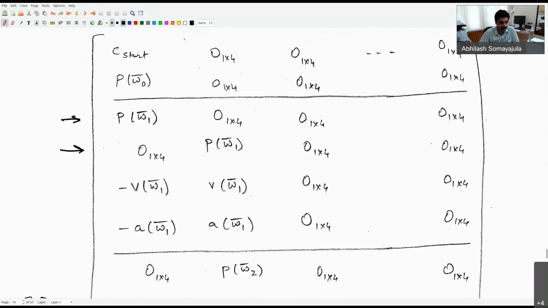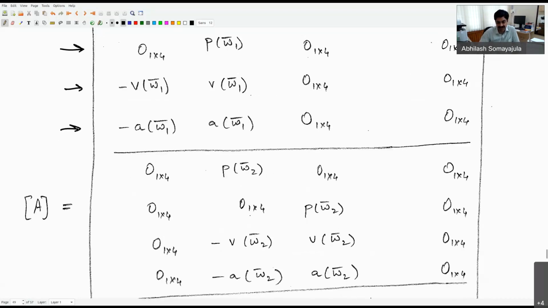The next 2 rows represent the velocities being matched and the accelerations being matched, so that I have an extreme smoothness condition within my spline and my observed trajectory is smooth enough. So this is matching velocities, this is matching accelerations. And you are going to repeat the same for the next waypoint and the next waypoint and so forth.